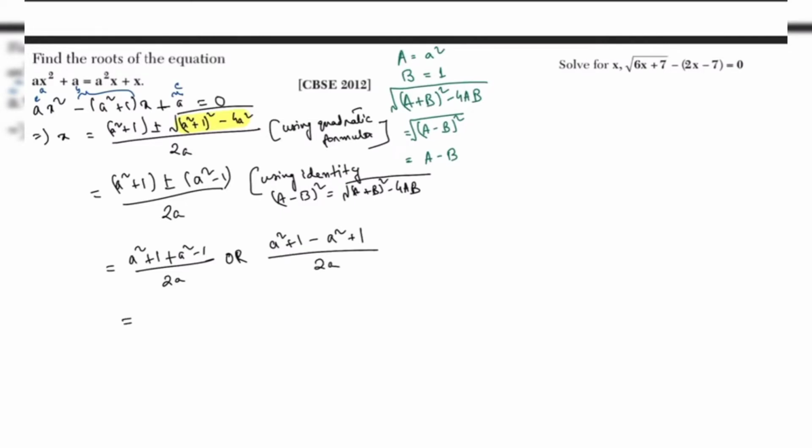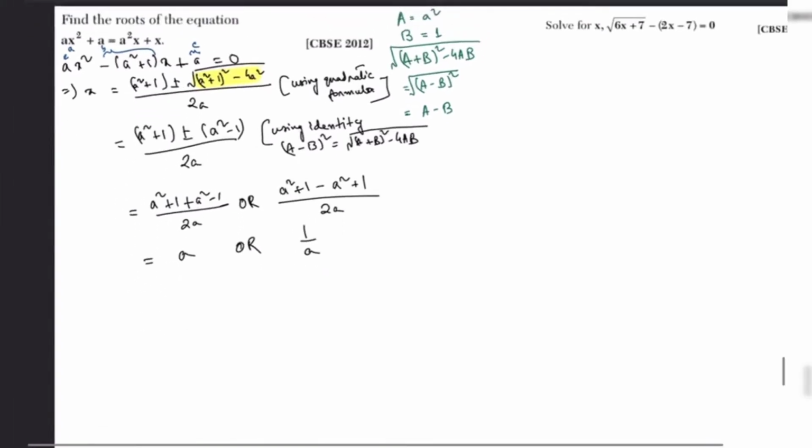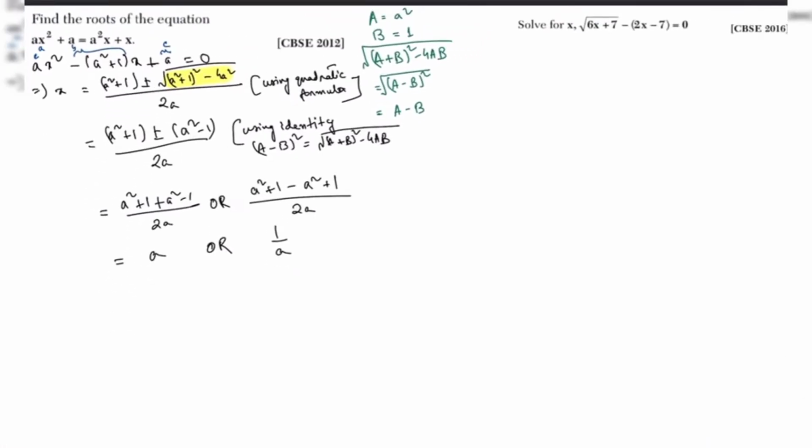So we have 1 and 1 cancelling. A square plus a square is twice a square. Twice a square divided by twice a gives us a, or similarly here 1 by a. You can check that a and 1 by a both satisfy the above equation. For x equal to a, what do we have?